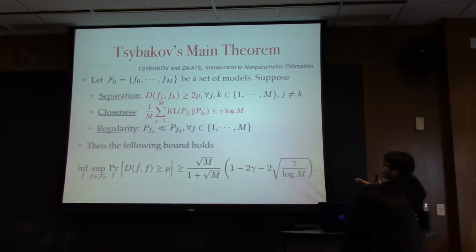So all I need to do to get such a lower bound is select a set of adversarial distributions that satisfy these three conditions at the same time, and carefully control the parameters in this construction so that my lower bound actually matches my upper bound.